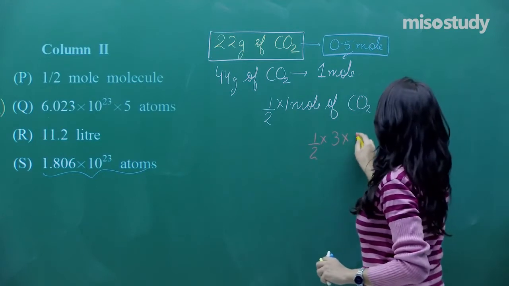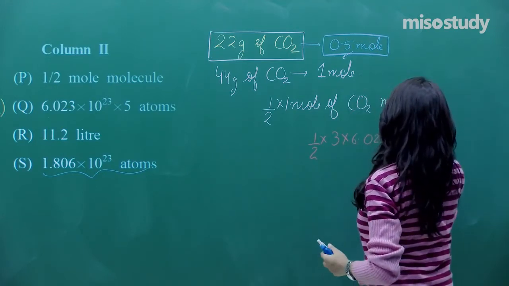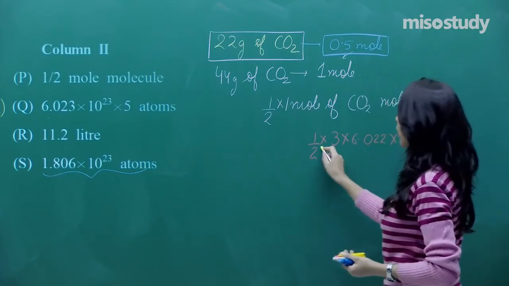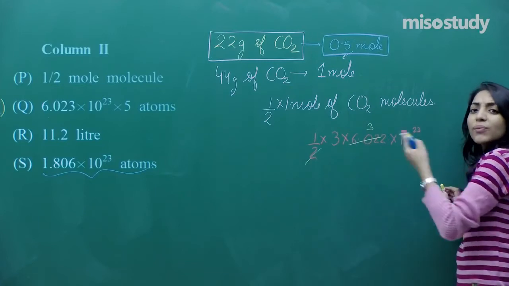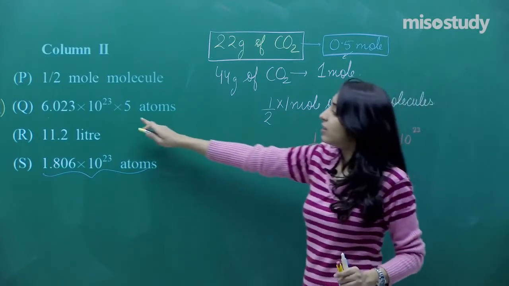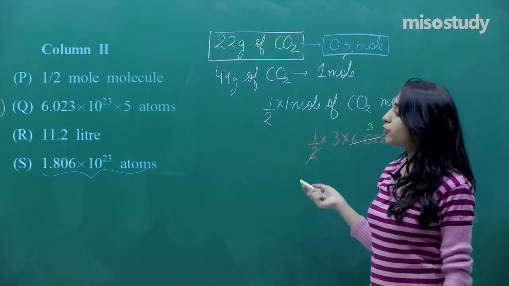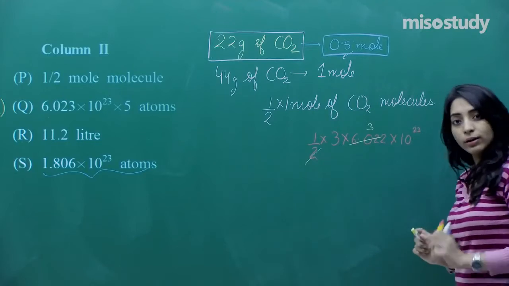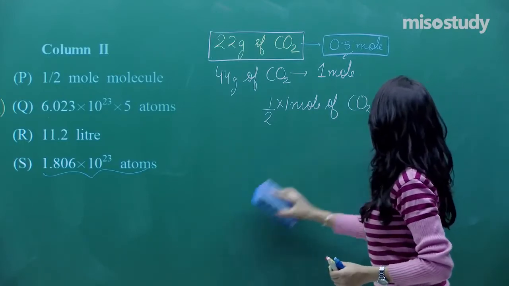And how many molecules are there? 6.022 into 10 raised to the power 23. So this comes out to be 3 into 3, something like 9 into 10 raised to the power 23. So it is not having 6 into 5, 30. So I will say Q is not the option. It is wrong. Okay. Moving on to whether R can be taken as an option or not.